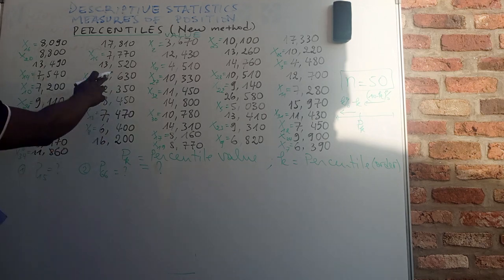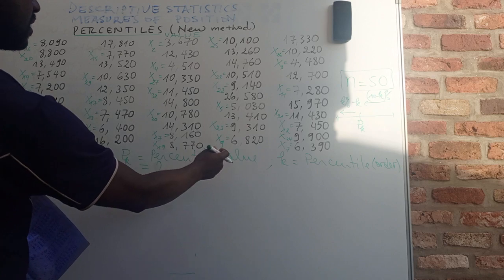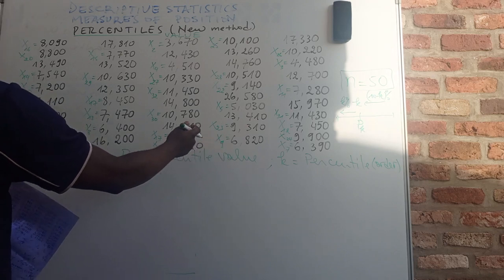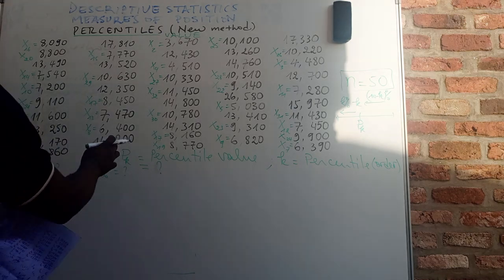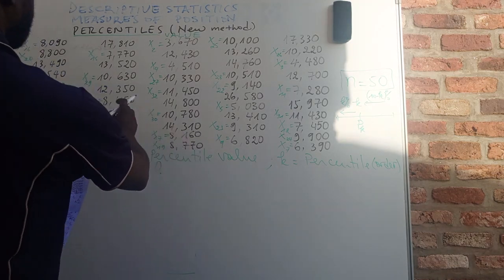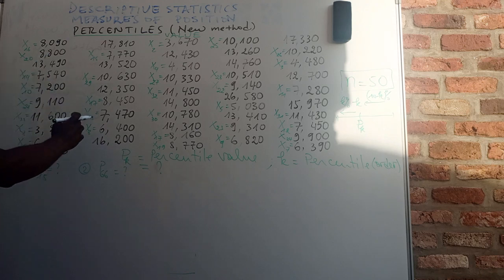Let me just check here. Checking. Maybe this is what we are missing. Probably. Let me check again. 1, 2, 0, 1, 0.